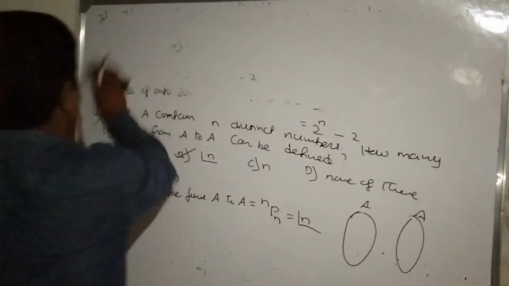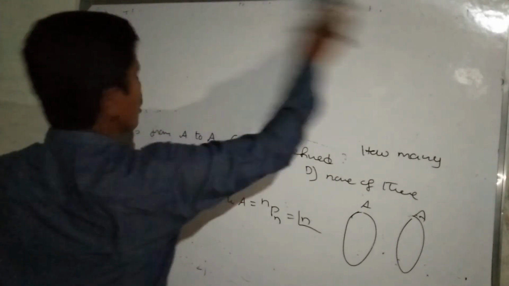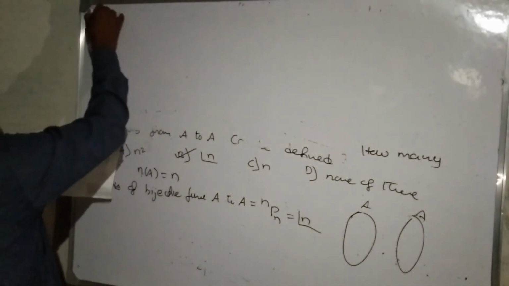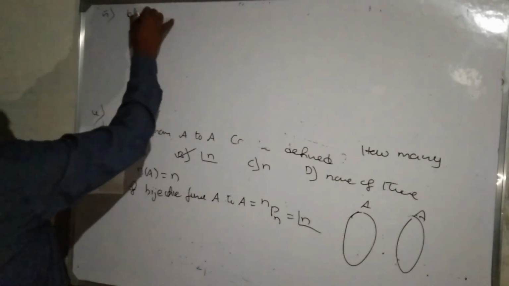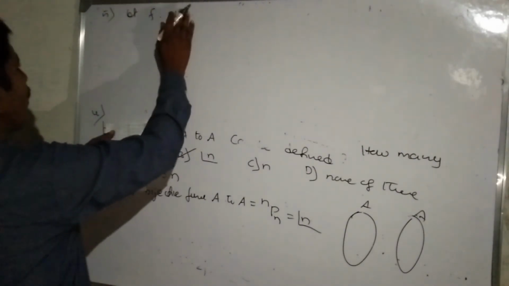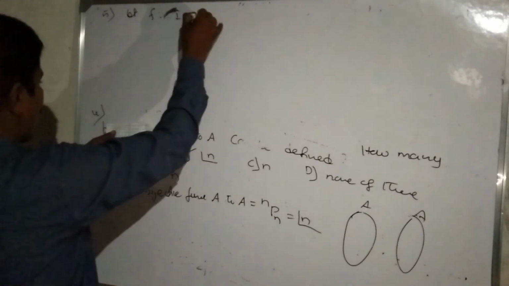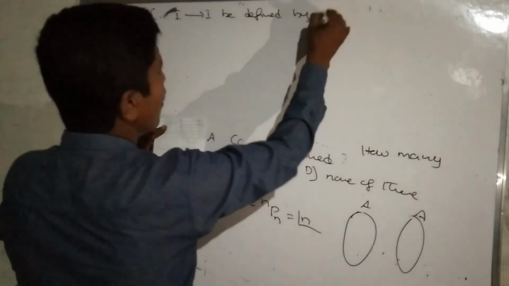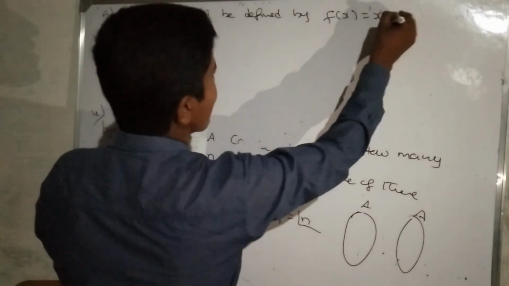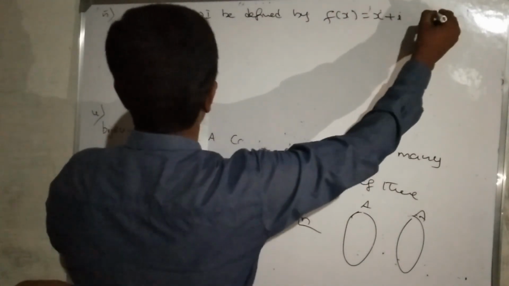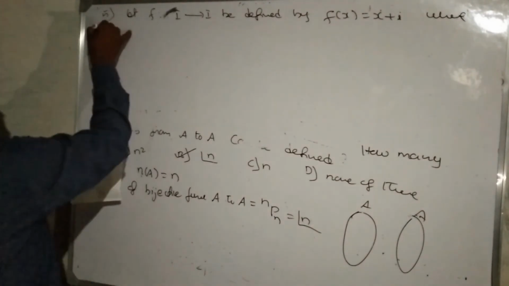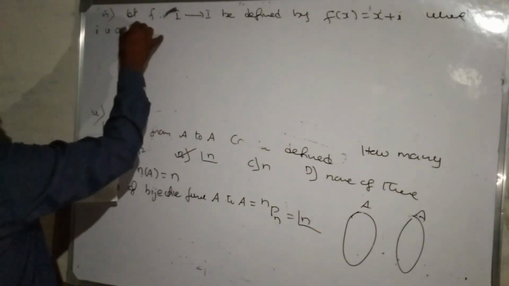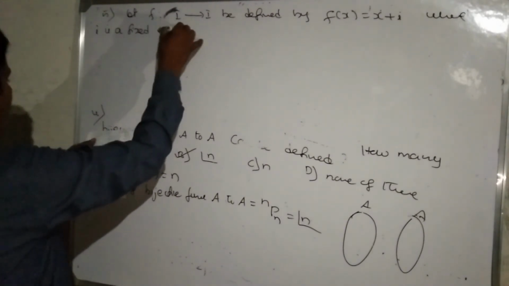So next, fifth problem. Let f from I to I be defined by f(x) equal to x plus i, where i is a fixed integer.